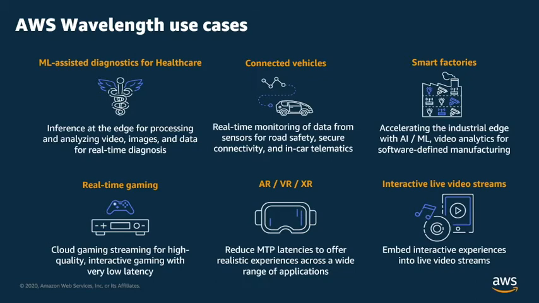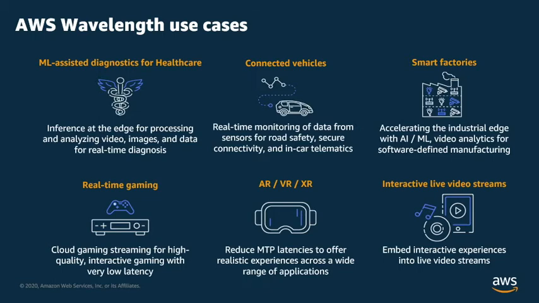Wavelength also provides the ultra low latency needed to live stream high resolution video and high fidelity audio and embed interactive experiences into live video streams. Video analytics at the edge provide the ability to generate real-time statistics that can enhance live event experiences.